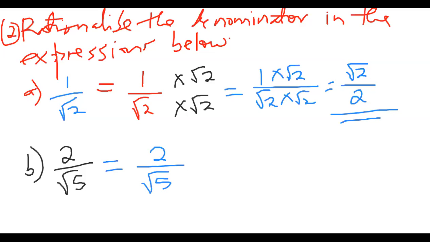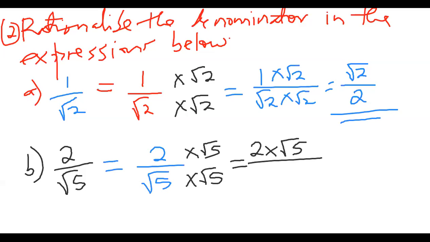Then, if you rationalize the denominator, multiply the root of 5 times the root of 5, both in the denominator and in the numerator. This will give us 2 times root of 5 divided by root of 5 times root of 5, which will give us then 2 square root of 5 divided by 5 in the denominator, because when we multiply the root of a number by the root of that very number, it changes nothing.